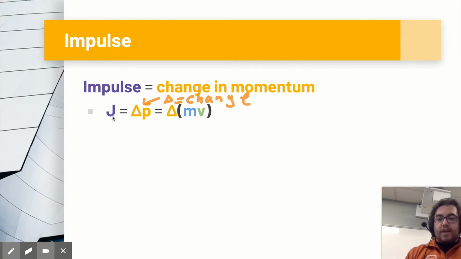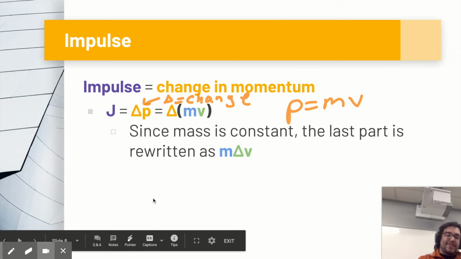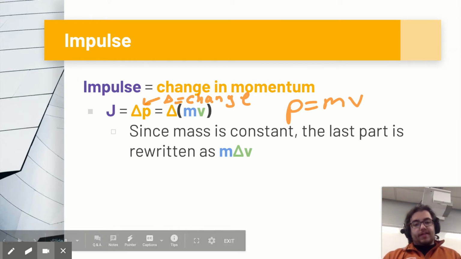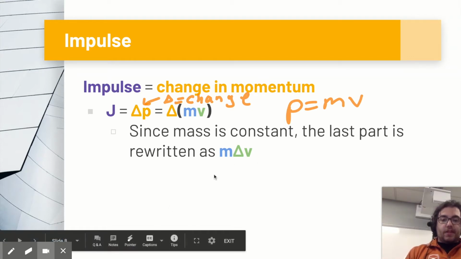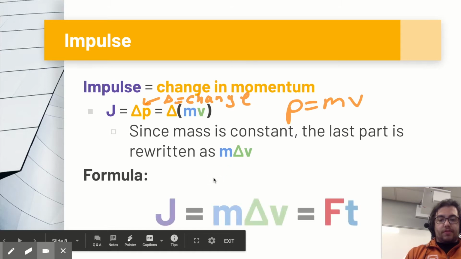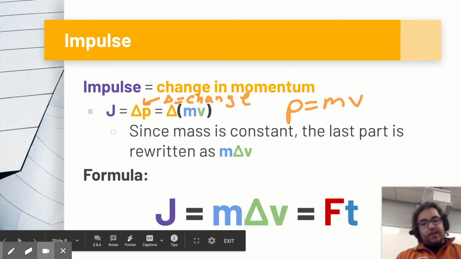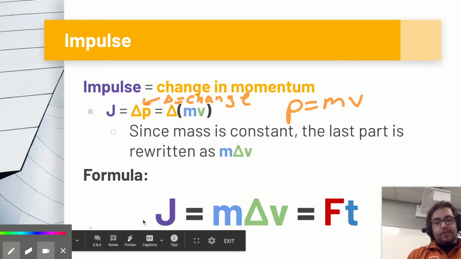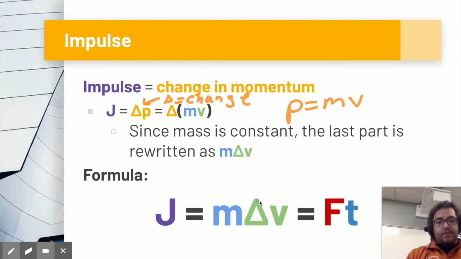The formula for P is mass times velocity, so change in P means change in m times v. Since mass is constant, this is rewritten as m times delta v. So your formula for impulse, the whole thing, is J equals m times delta v.